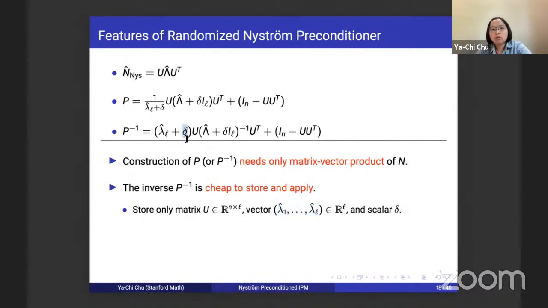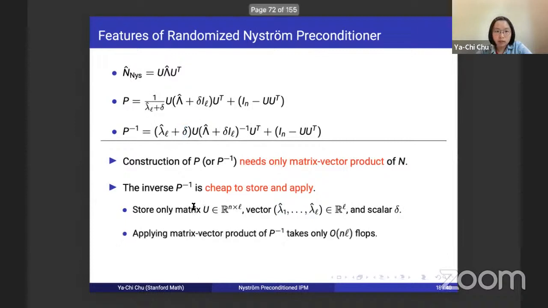Then we know all the information of P inverse. To apply the matrix vector product of P inverse onto some vector V, we just apply the matrix multiplications sequentially. So it takes only big O of n times L flops, which is better than O of n squared.